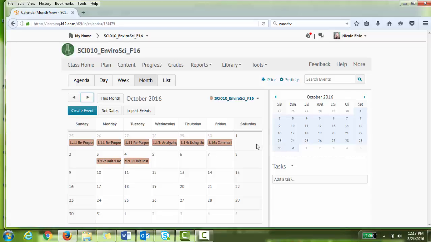The 1st of October is actually here. So you would miss a lot of Unit 1. So basically what I would want you to do is probably the repurposing activity and then start out at the Unit 2 test. So you're not responsible for anything prior to your start date, but it doesn't really make much sense for you to get started 2 days before the test. So we will work on that together.